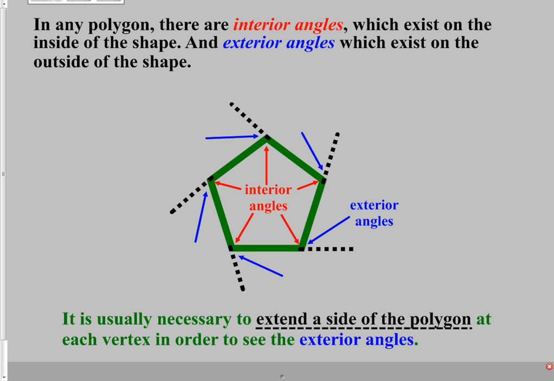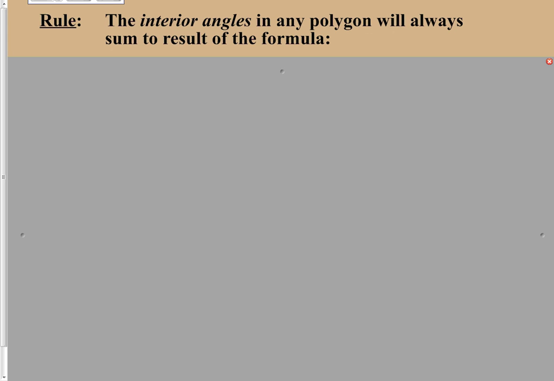All right, so let's get down to the measurements of the interior and exterior angles. Okay, a rule that you will absolutely need to have memorized is that the interior angles in any polygon will always sum to the result of a formula. Okay, of course, sum means we're adding them up.